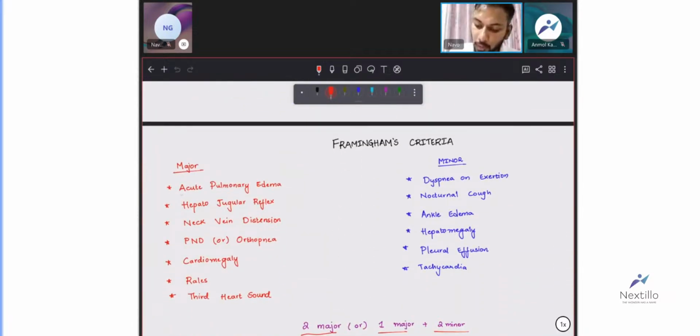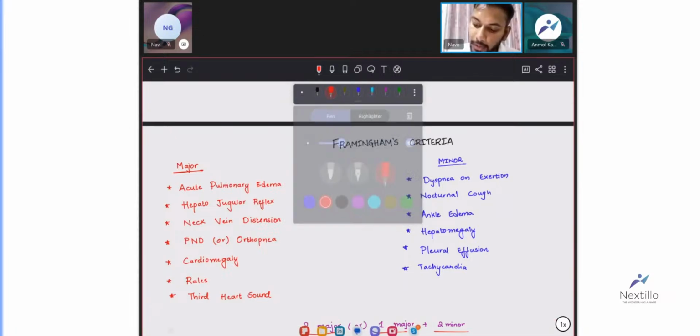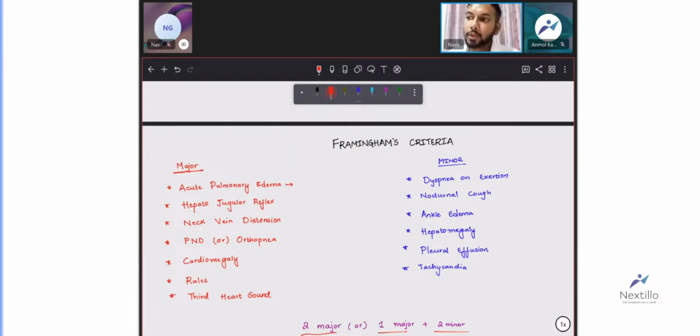Now, first, in major, we have something known as acute pulmonary edema. You guys comment and tell me, why do you see acute pulmonary edema? Is it a forward symptom? Is it because of increased LVEDP or is it because of increased RVEDP?